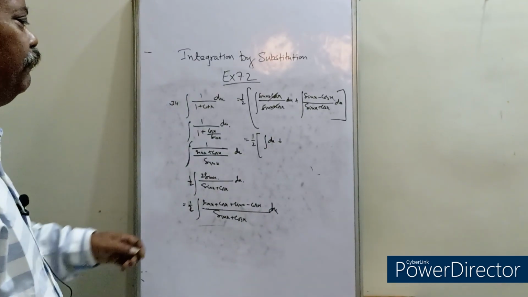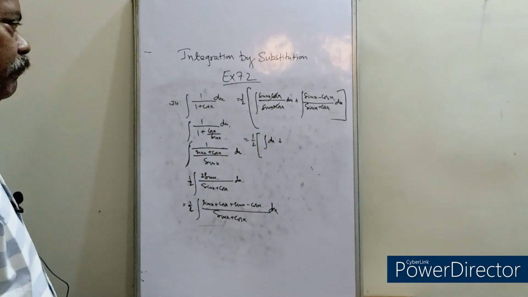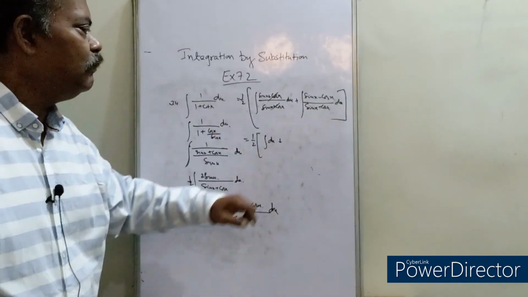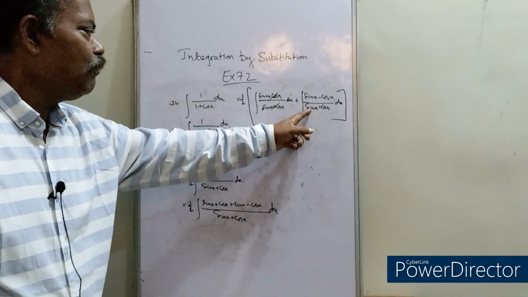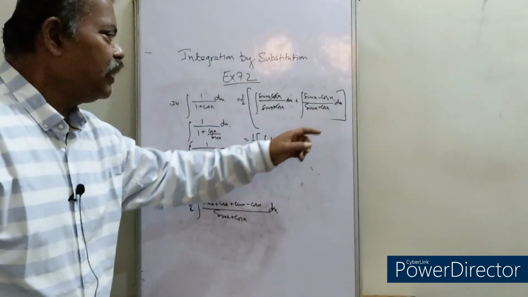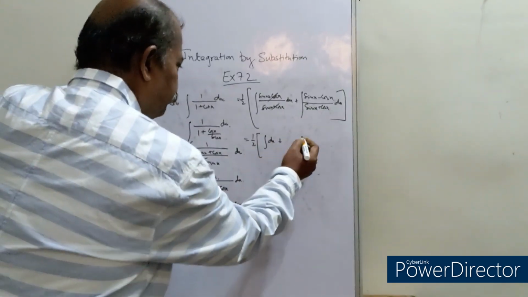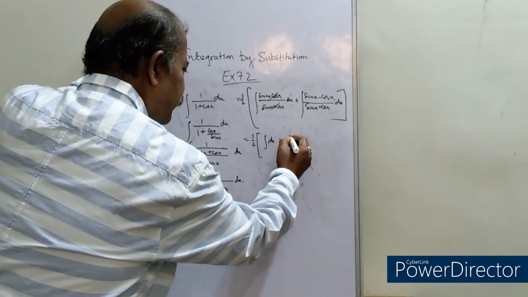Now if you see clearly, suppose this sin x plus cos x is t, then the differentiation of sin x is cos x and that of cos x is minus sin x. That means, let me do it for this part.